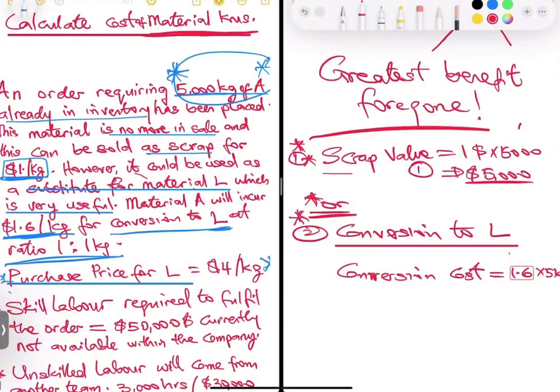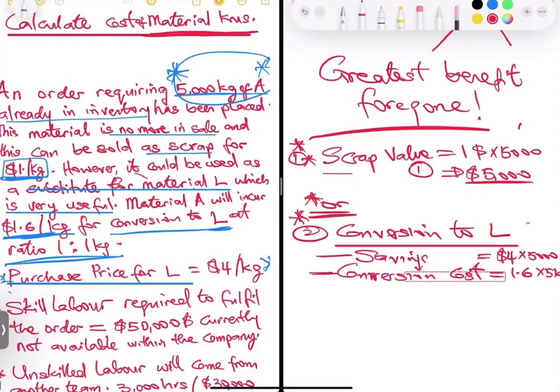Yeah, because I'm thinking if you did not convert it, then you're paying $4 to purchase it. Fantastic. Because once you do the conversion, there's going to be savings of $4 per kg. So if you decide to do this conversion, you have a savings, but you incur this cost.